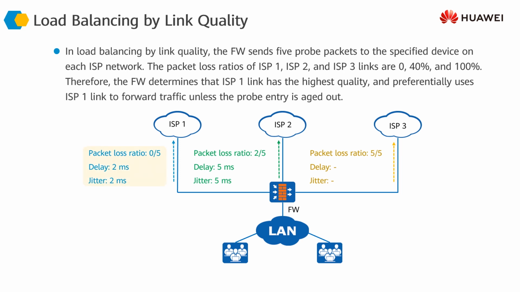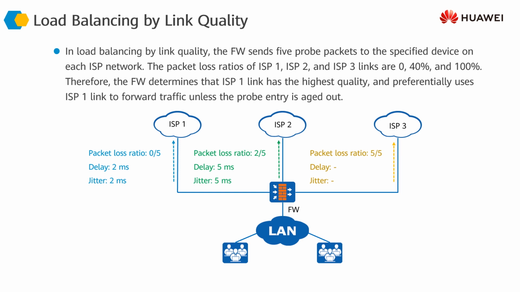So for example, if we consider the packet loss ratio, which is the most important parameter to consider as compared to delay and jitter, and in most cases we consider packet loss ratio for deciding the quality of each link.